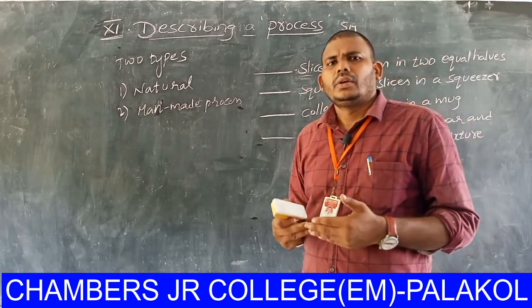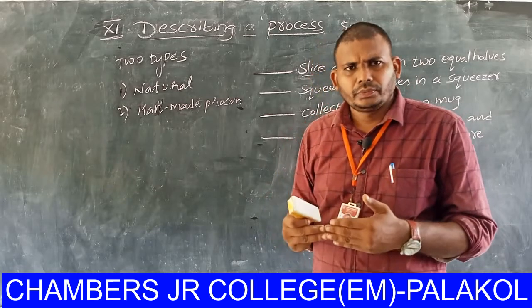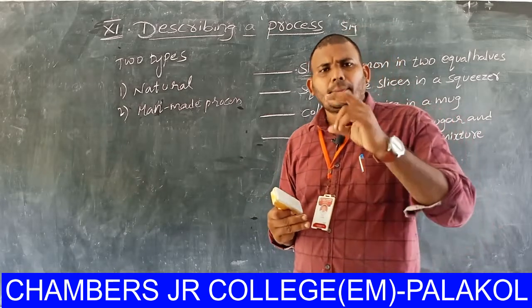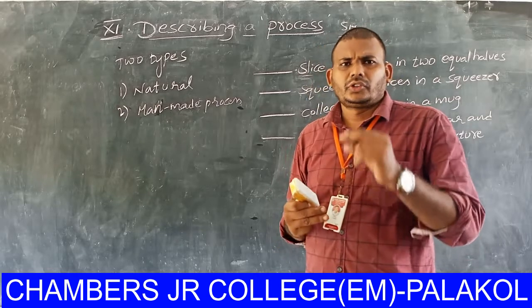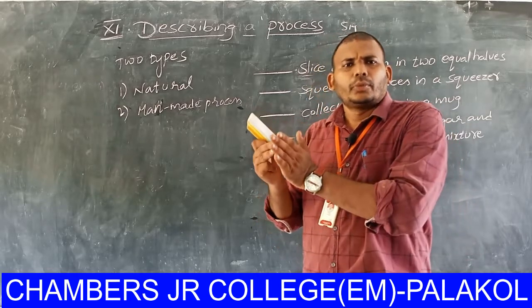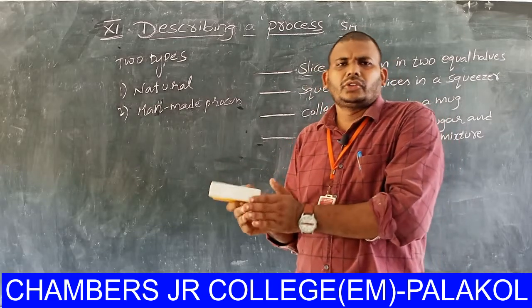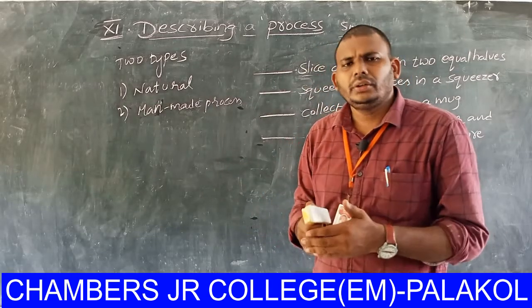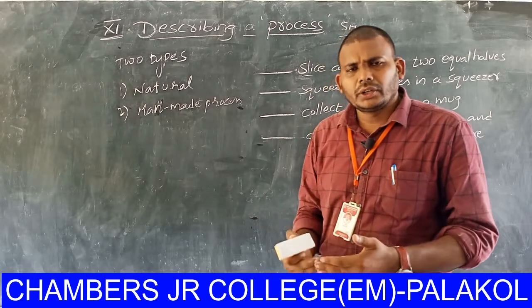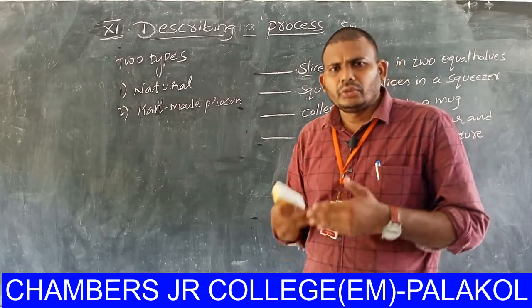So we have to combine the steps that are involved in a procedure by using the linkers or sequence markers. For that, we should know what the linkers or sequence markers are.